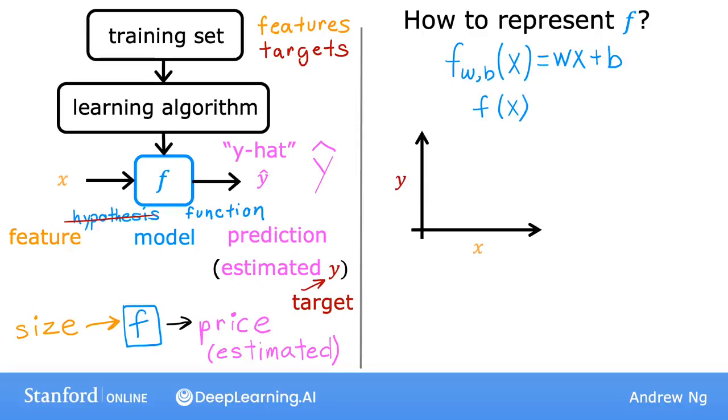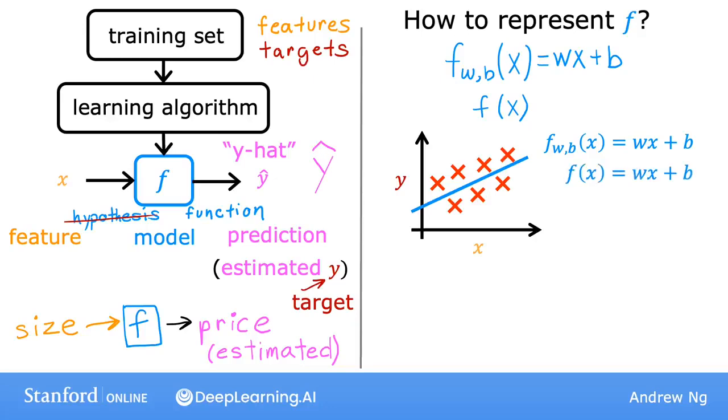Remember, the algorithm learns from this data and generates a best fit line, like maybe this one here. This straight line is the linear function f_w,b of x equals w times x plus b. Or more simply, we can drop w and b and just write f of x equals wx plus b.